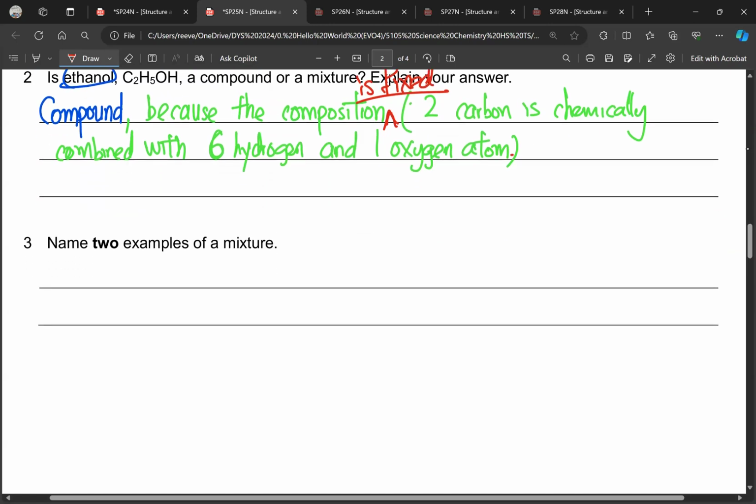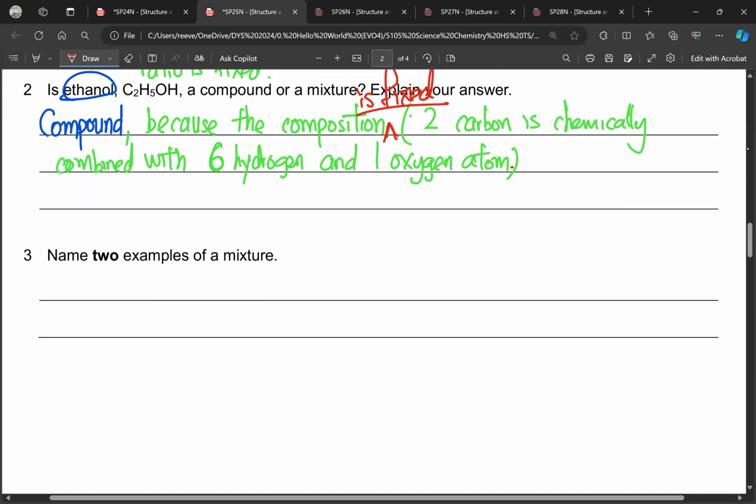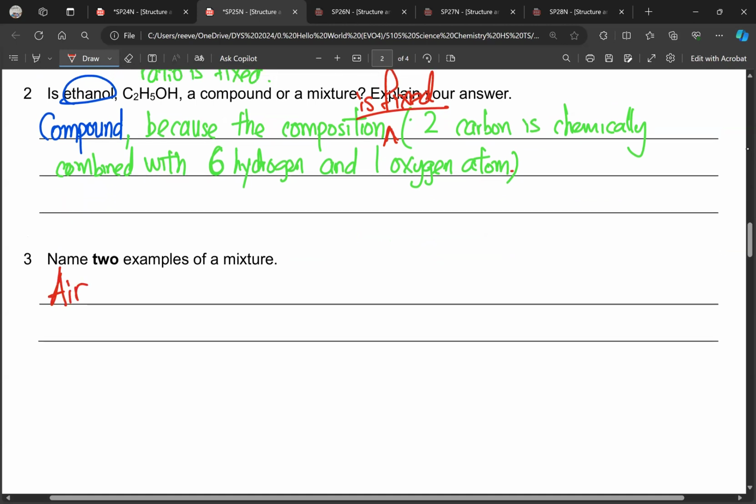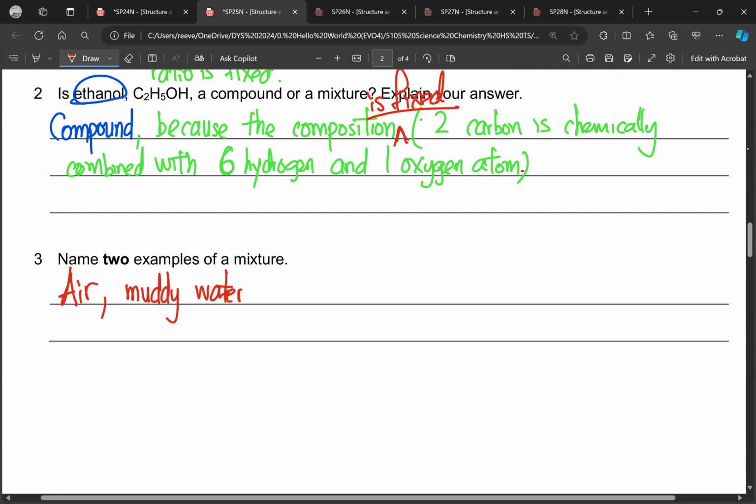Name 2 examples of a mixture. Okay, 2 examples of mixture. Should not be too hard. The first one is called air. You say air is a mixture. What's the second one? Oh, so many. Other than air, what are some examples of a mixture that you know of? So many examples: muddy water, milk, Coca-Cola.